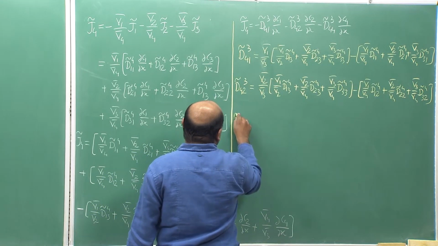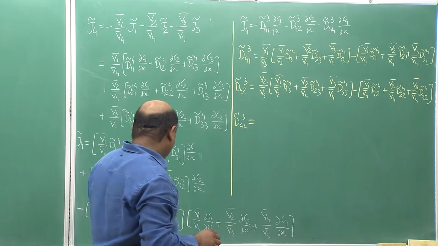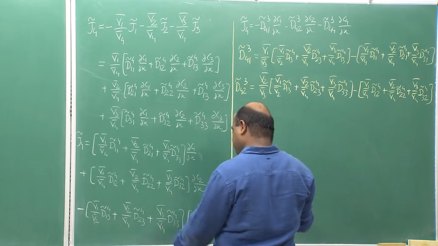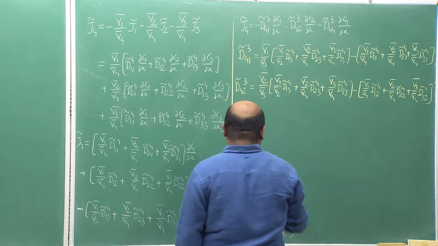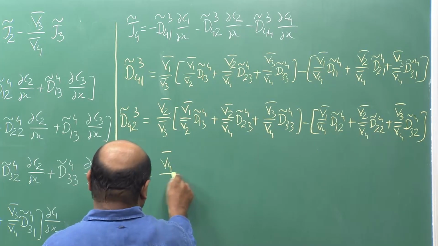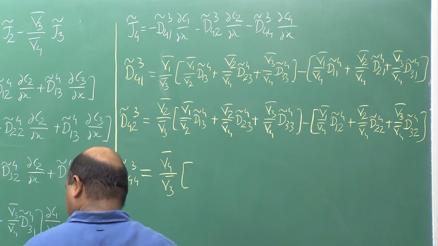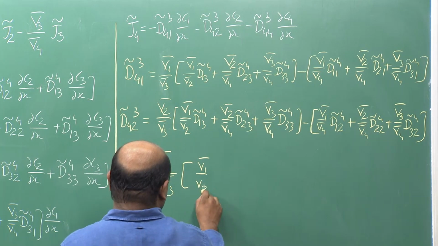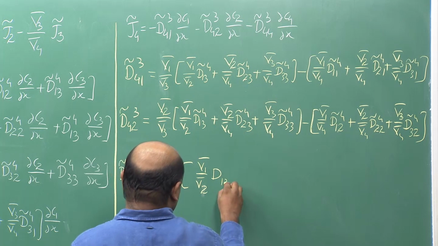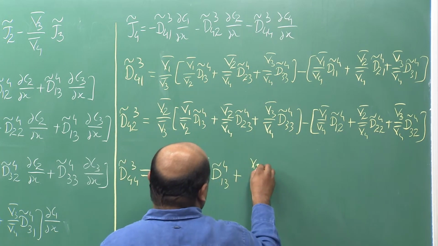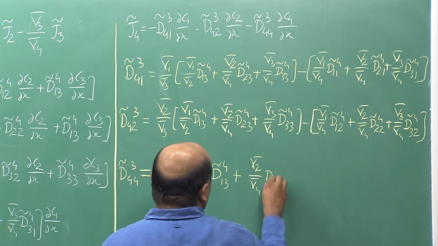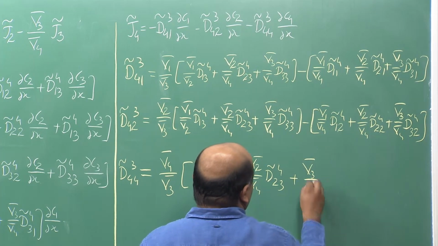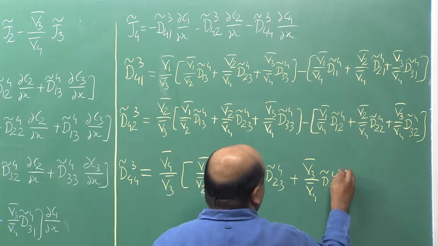and D44 tilde 3. There is only one term in dou C4 by dou x, so it should be equal to, and there is a negative sign here, V4 bar over V3 bar times V1 bar over V2 bar D13 tilde 4 plus V2 bar over V4 bar D23 tilde 4 plus V3 bar over V4 bar D33 tilde 4.